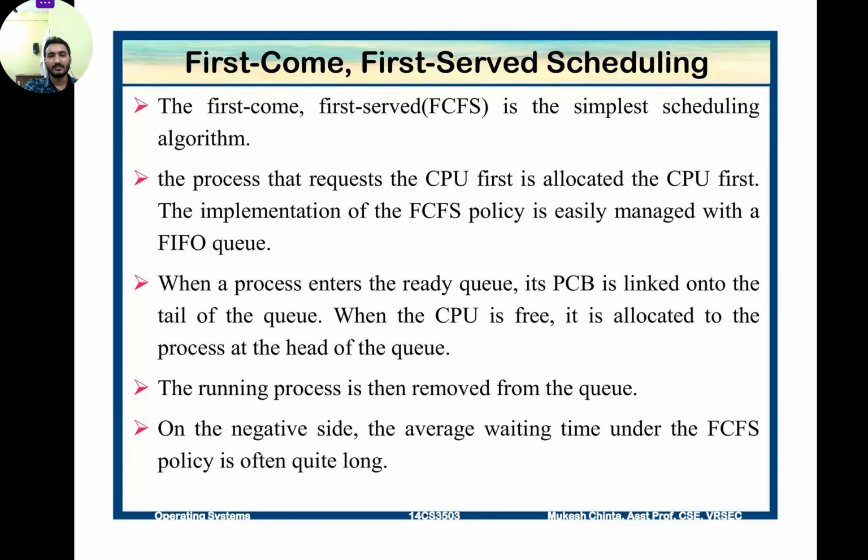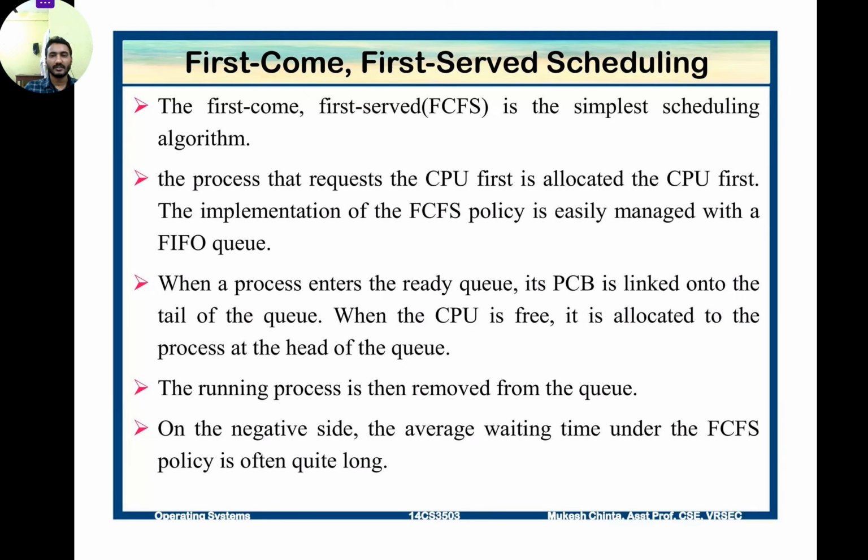The implementation of the FCFS policy is easily managed with a FIFO queue, meaning first in, first out. When a process enters the ready queue, its PCB, the process control block, is linked into the tail of the queue.